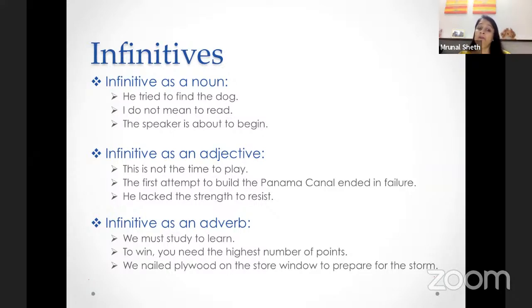We nailed plywood on the store window to prepare for the storm. Why? To prepare for the storm. So again, it's giving you a reason and hence it is an adverb. Okay? Nailed why? To prepare for the storm. Right? You need the highest number of points. Why? To win. Okay?